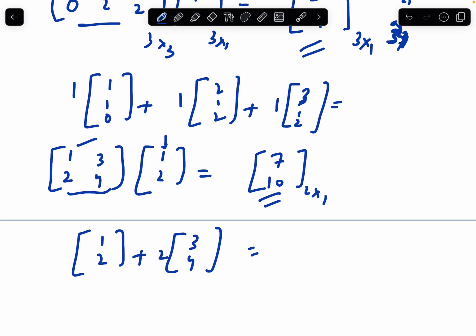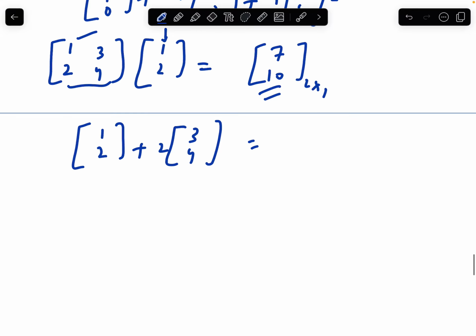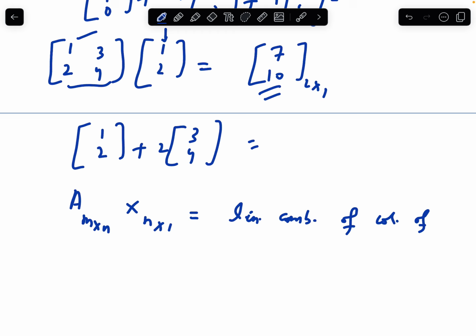So what is happening here? Whenever we have a matrix A, say it is m by n, and this B, or let's call it x, it is n by 1, that is the column vector, then this is actually a linear combination of columns of A, right?